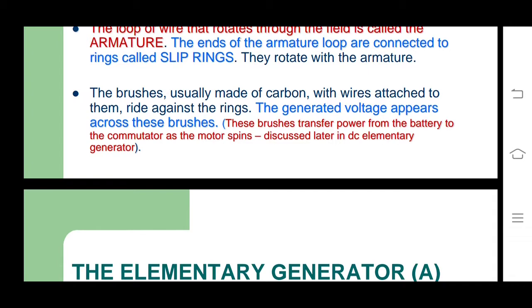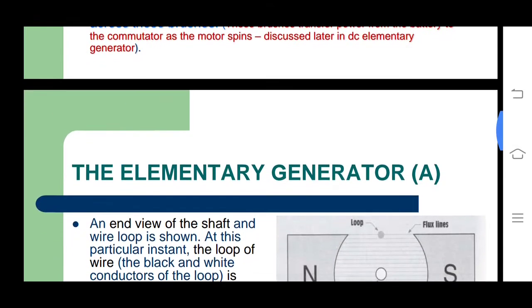The generated voltage appears across the brushes. The brushes transfer power to the commutator as the motor spins, as we will see later in a DC generator.